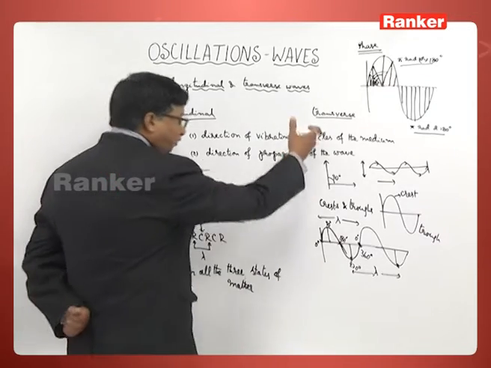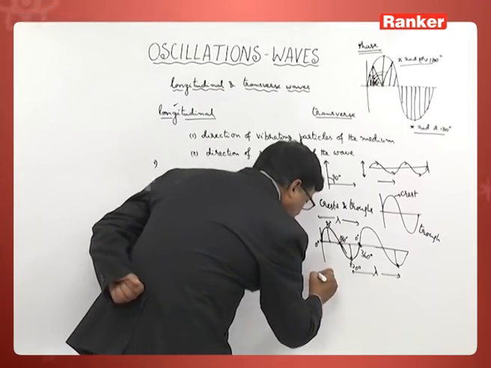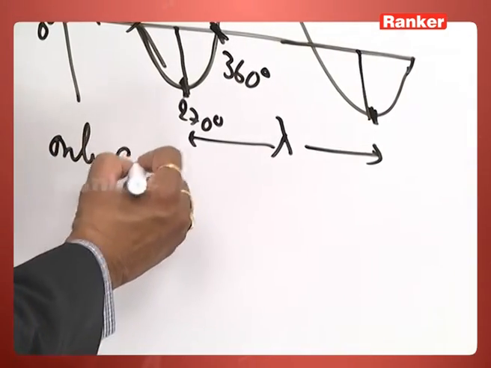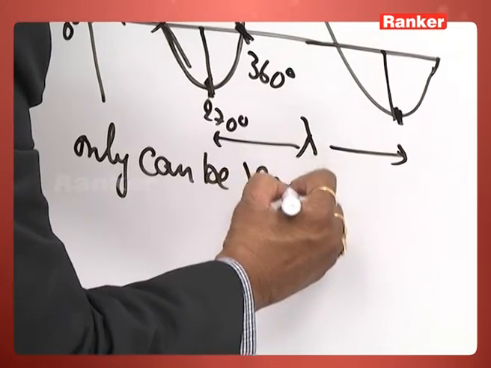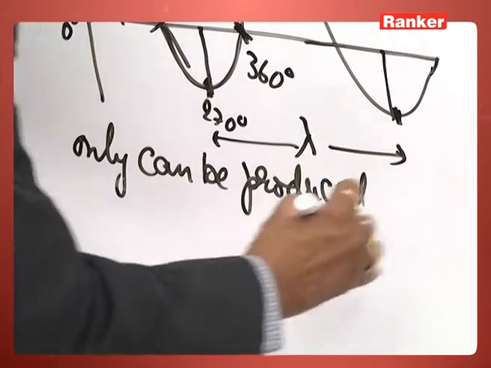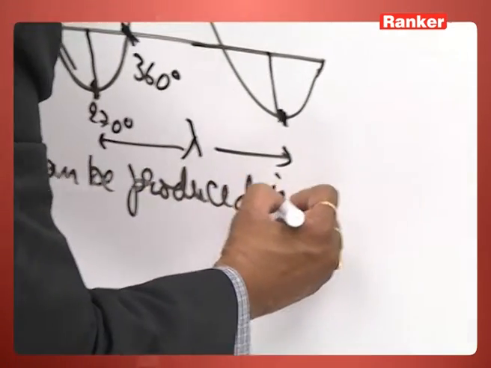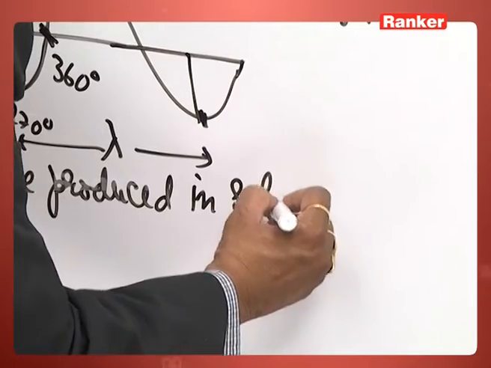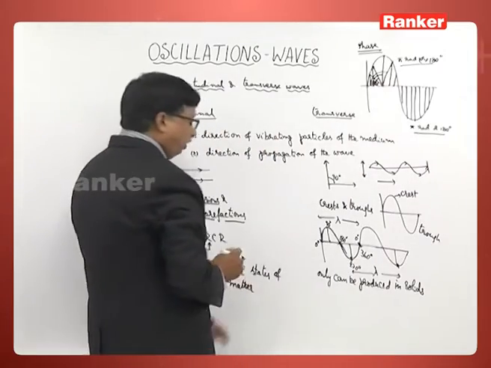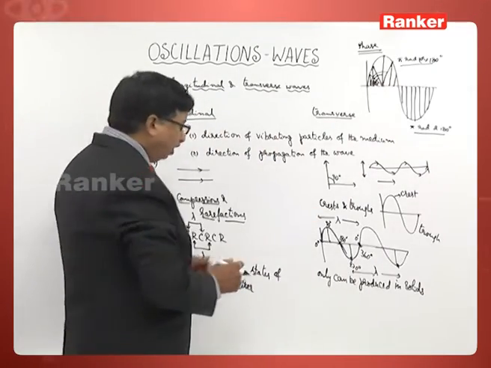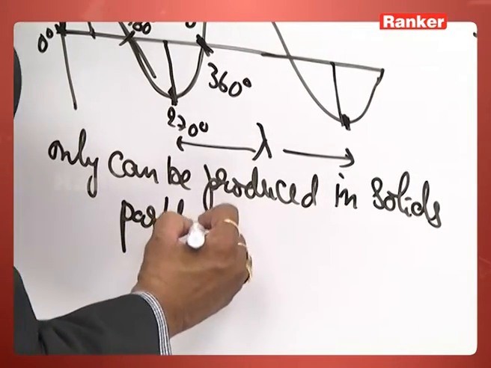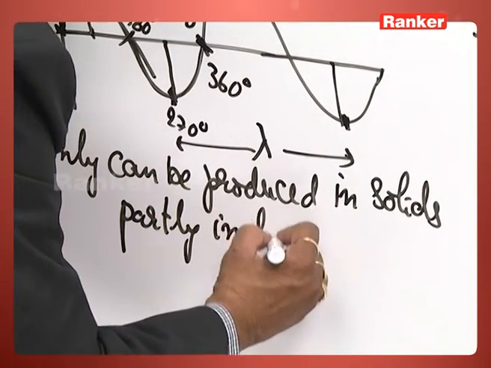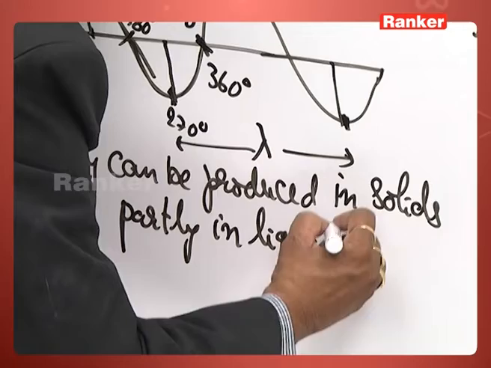Whereas, when we consider these transverse waves, they only can be produced, firstly, in solids. They only can be produced in solids, that is the point. And you can understand one more point over here, partly you can produce them in liquids.